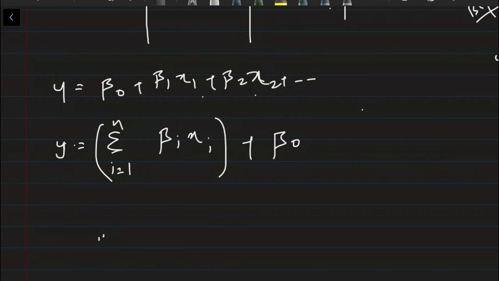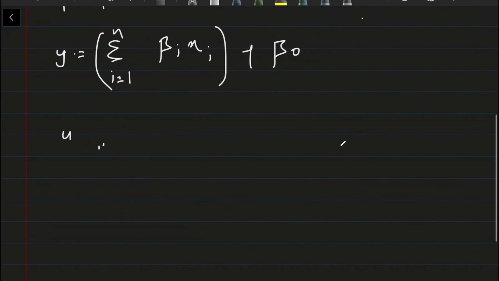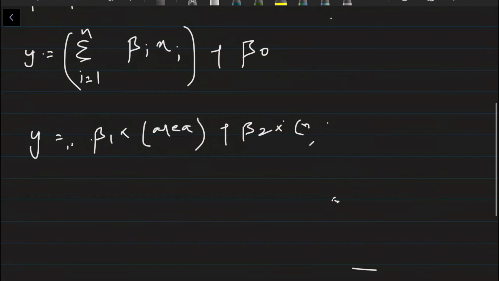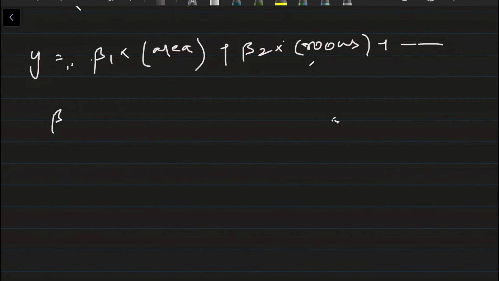So we can write it as y equal to beta 1 into area, plus beta 2 into rooms, and so on. These beta 1, beta 2, beta 3 and more are known as weights.